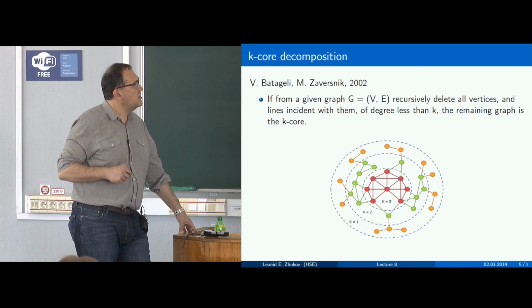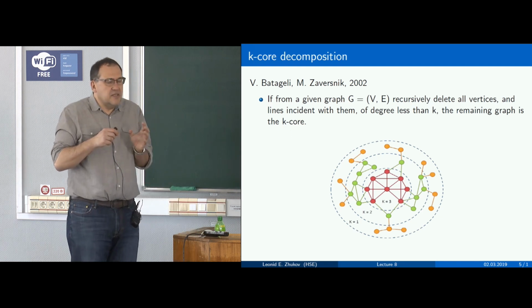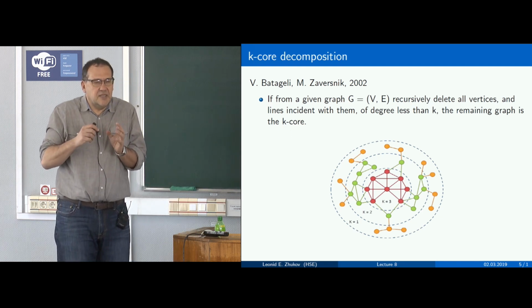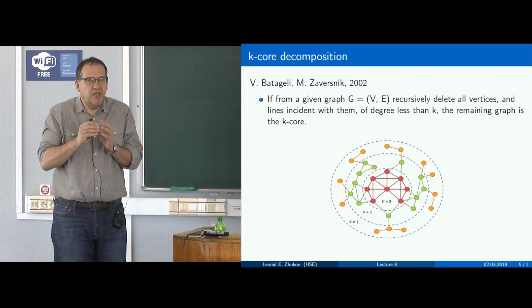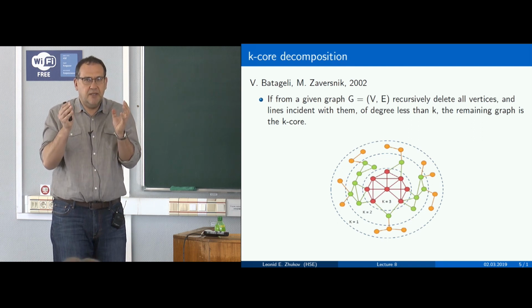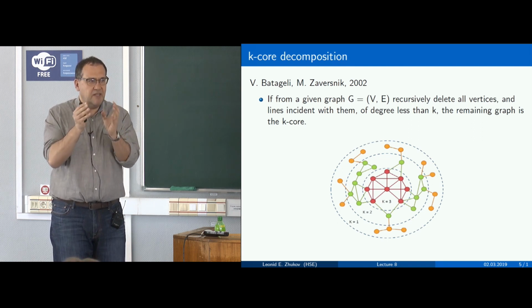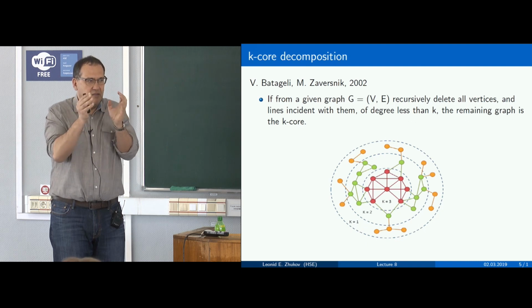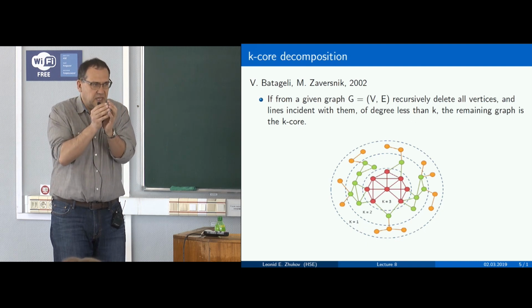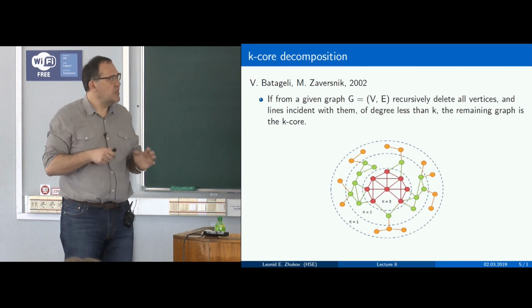Core 2 and core 1, and the K-shell, the 1-shell, is those blue nodes. So cores, in this sense, you can think about it as peeling the onion, right? You kind of go layer after layer after layer, and the core is what's starting from this layer going down, right?